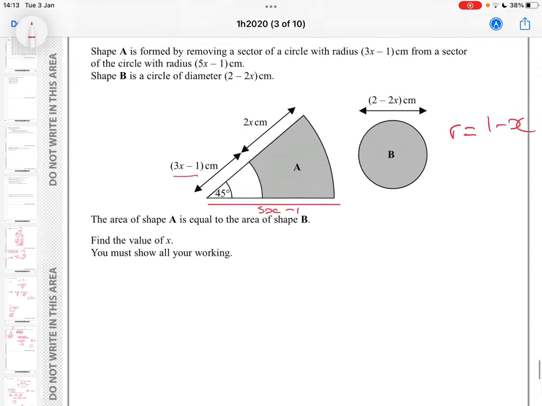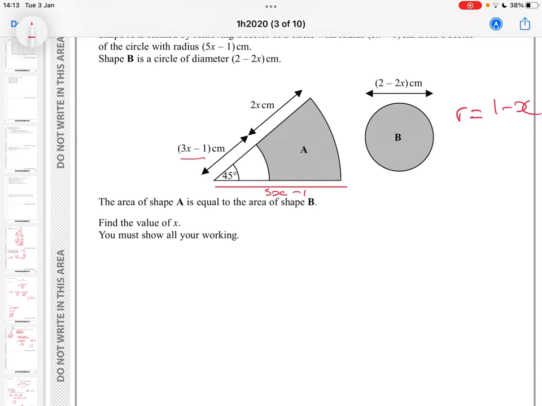Okay, so let's start with shape A, the first shape. The large section is going to be the angle 45 over 360, because it's not the whole circle, times pi times the radius, which I know is 5x minus 1, squared.